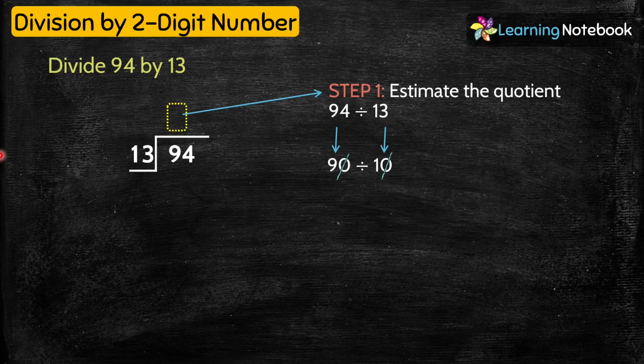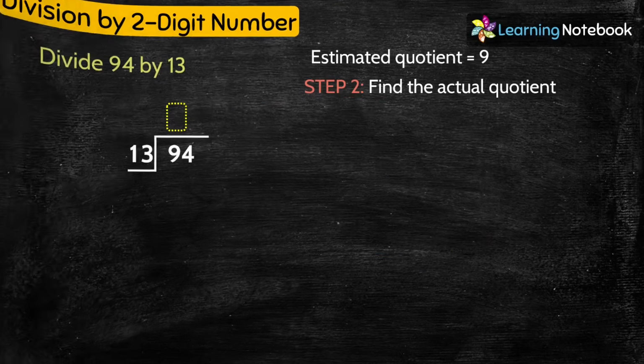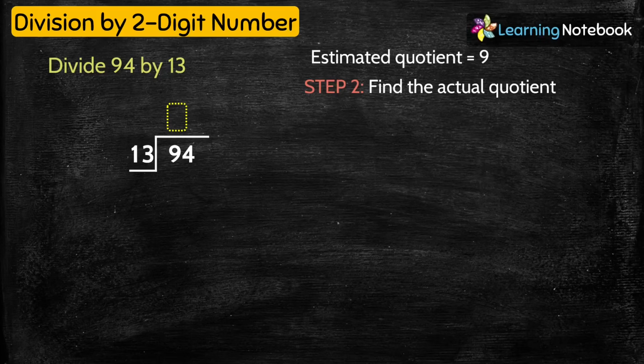Cancel 0 by 0 and thus we are dividing 9 by 1 which is equals to 9. So here 9 is the estimated quotient. So now we have got the estimated quotient as 9.